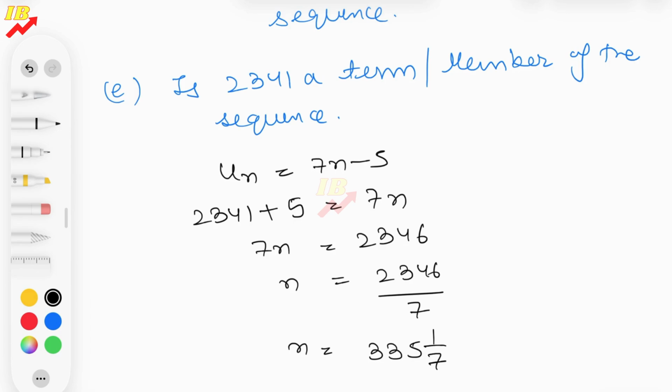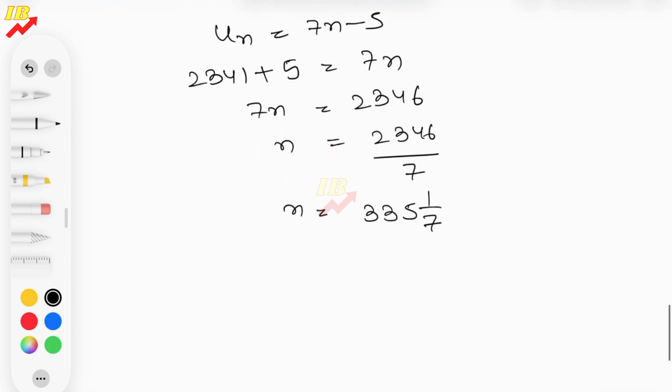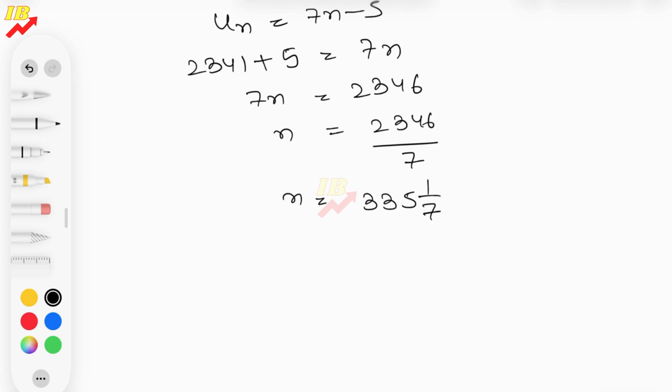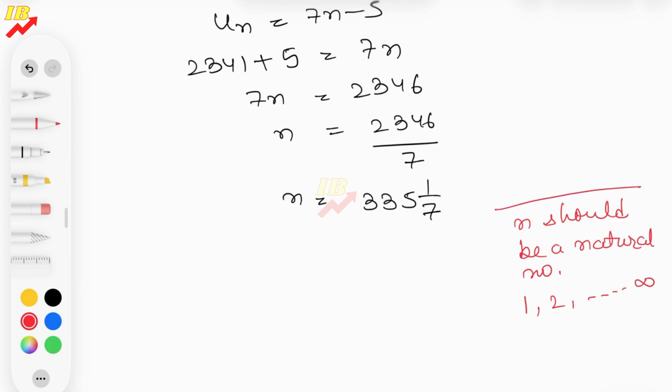Okay, one more thing is there, that you understand that n should always be a natural number. There is a condition which I said, that your n should be a natural number. Natural numbers are those numbers which start from 1 and they have no ending, and they all are positive. Okay, so this is your key point again.